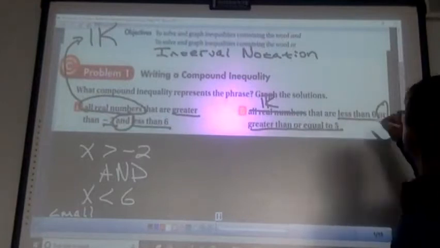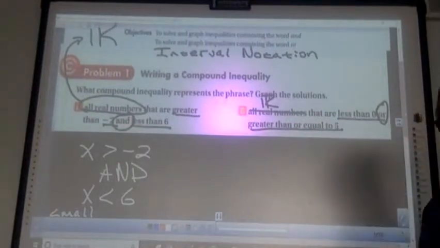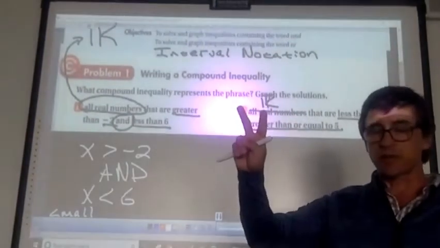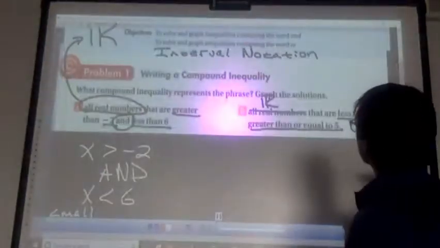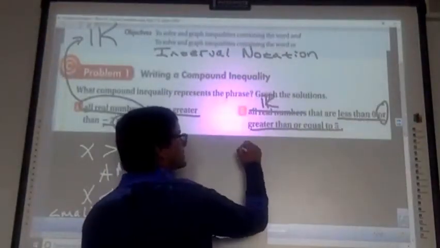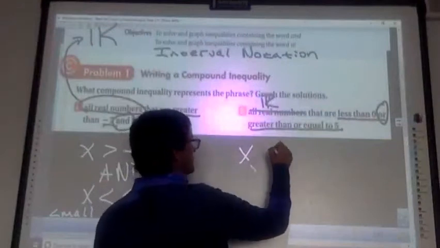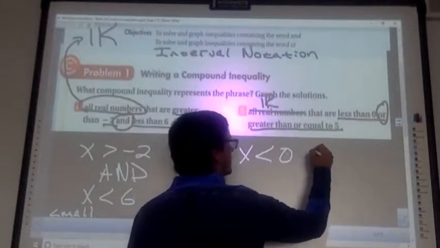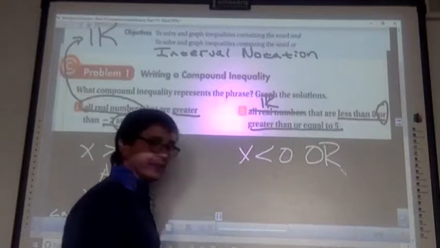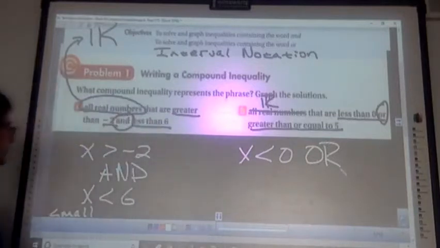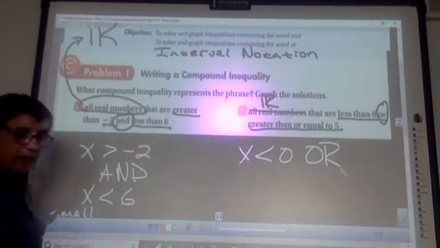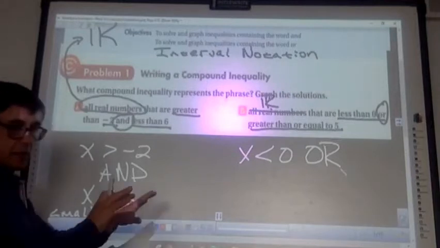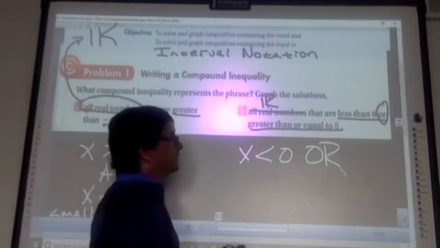So all real numbers. Now this is an or inequality, you always write as two separate inequalities. So we have x is less than 0. And then when you have an or inequality, write the or. On the one below on the left, the and is implied because you write it as a single inequality.